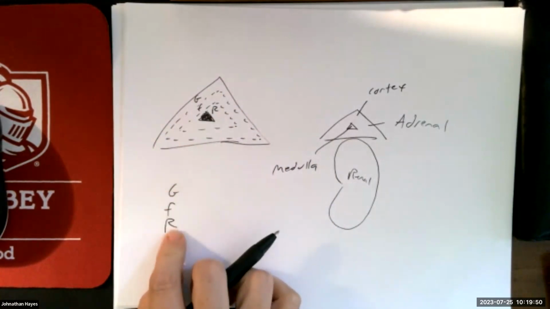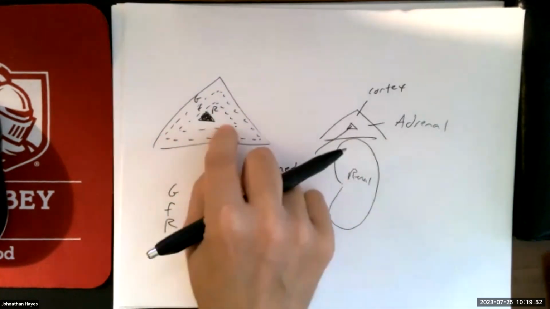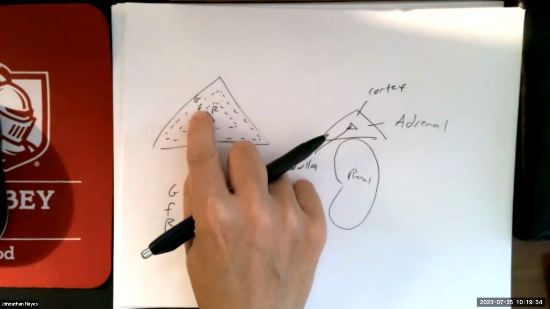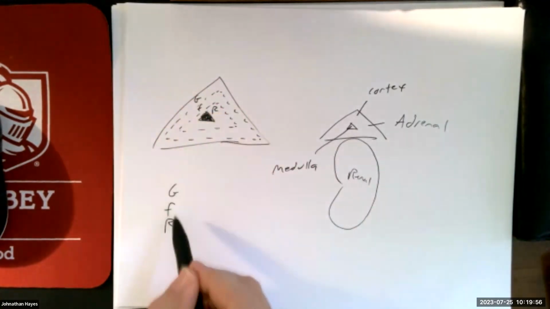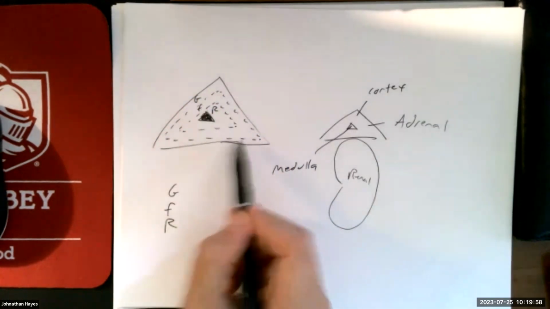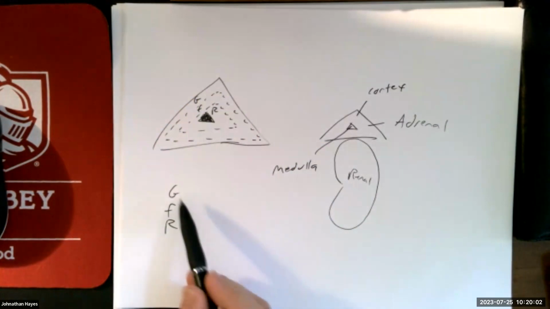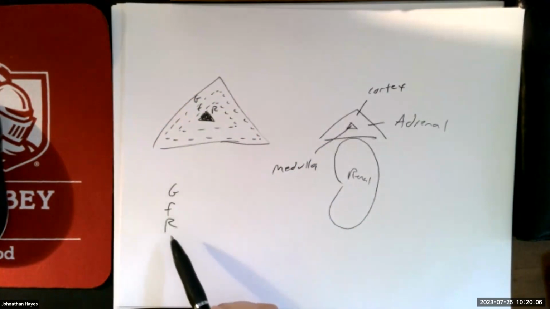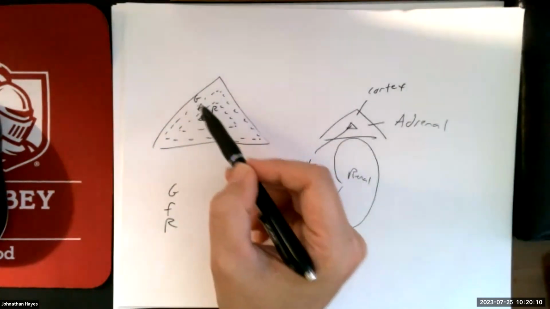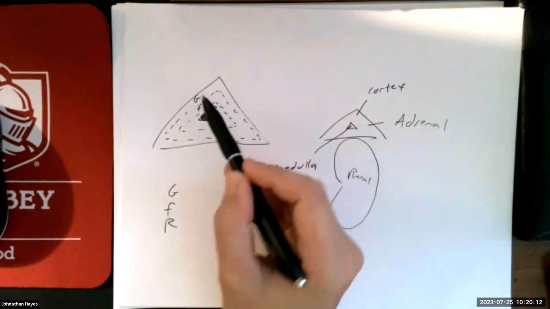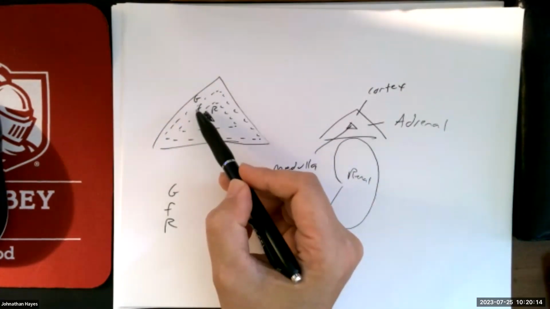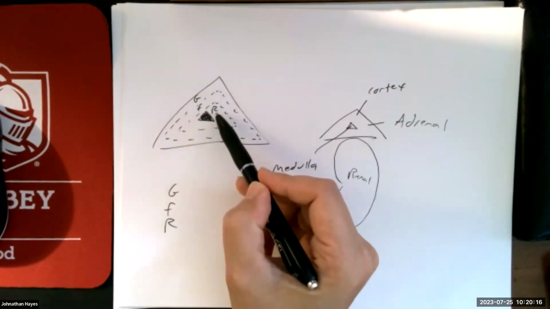That's where GFR came from, but we can also use it as a mnemonic for the 3 layers of the adrenal cortex. So again, GFR is not famous because of the 3 layers of the adrenal cortex. GFR is famous because it stands for glomerular filtration rate. But I can use that same abbreviation, which we know now, to also remind me, well, what are the 3 layers of the adrenal cortex? Well, you got zona glomerulosa, zona fasciculata, and zona reticularis.